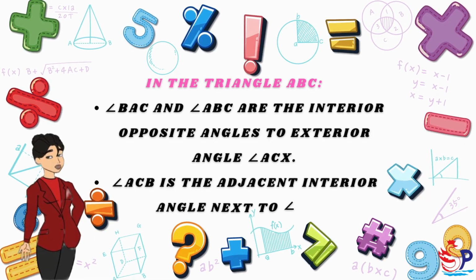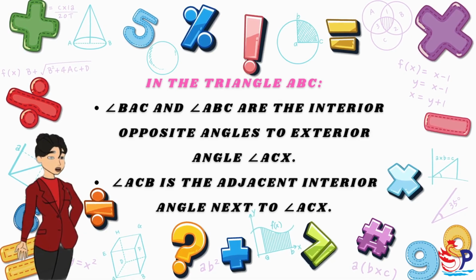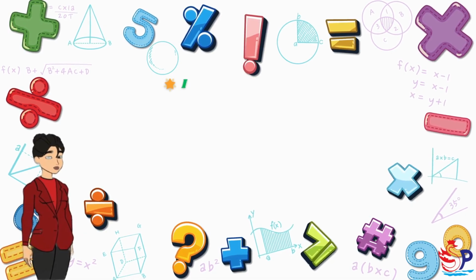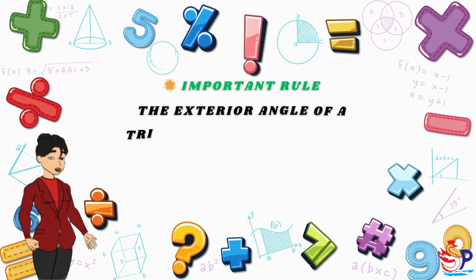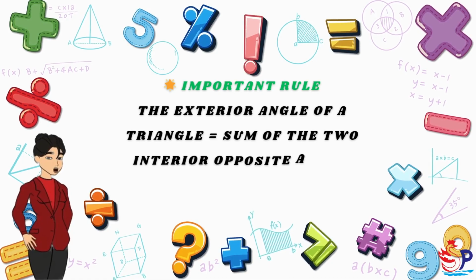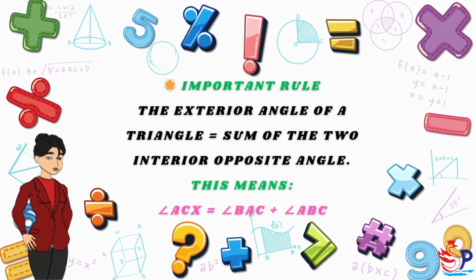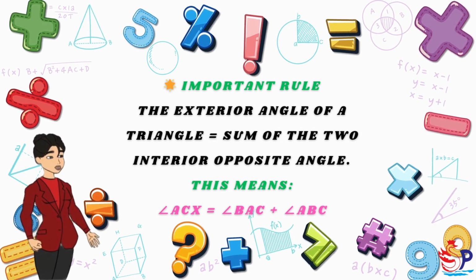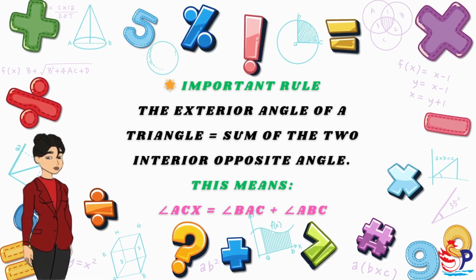Angle ACB is the adjacent interior angle next to angle ACX. Important rule: the exterior angle of a triangle is equal to the sum of the two interior opposite angles. This means angle ACX is equal to angle BAC plus angle ABC.